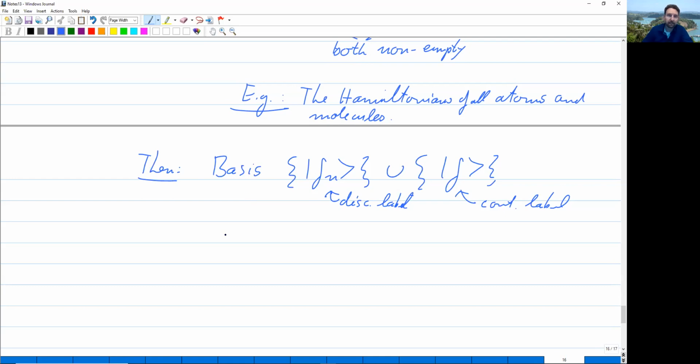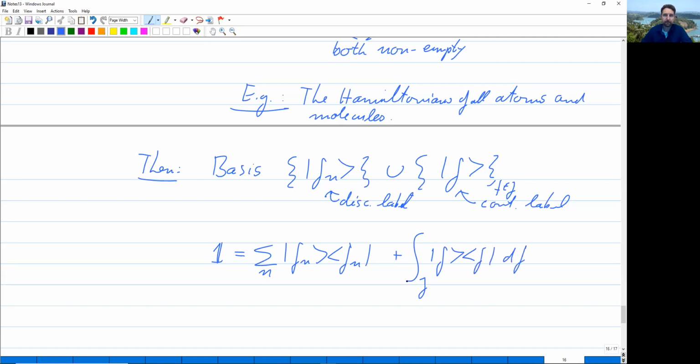So in this case, we would write that the resolution of the identity is a sum and an integral. We would have to sum over all of the fn, and we would have to integrate over some index set, f in j, element of j. That's what I meant to say here. So we have both here.